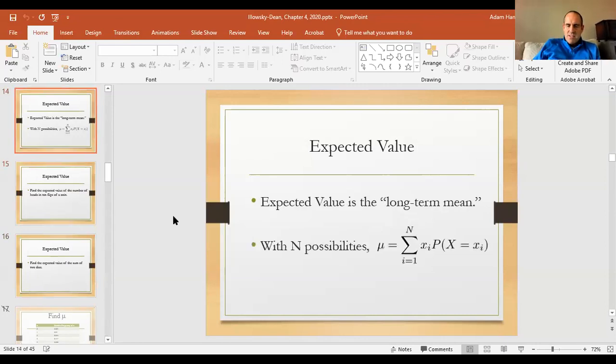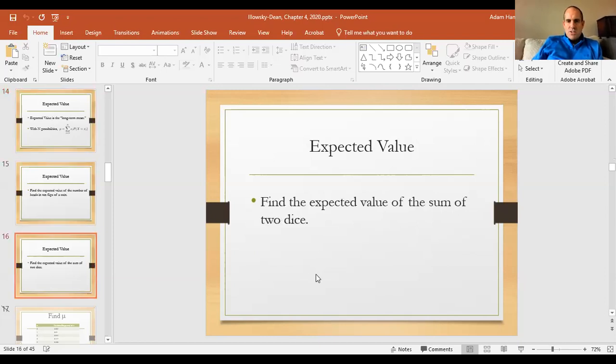But remember, the expected value is gotten at by simply taking all the outcomes and multiplying them by the probability that they occur, and then adding those together. It's like a weighted average of all the outcomes of the random variable in question. Okay? So this is the one I wanted to start with.